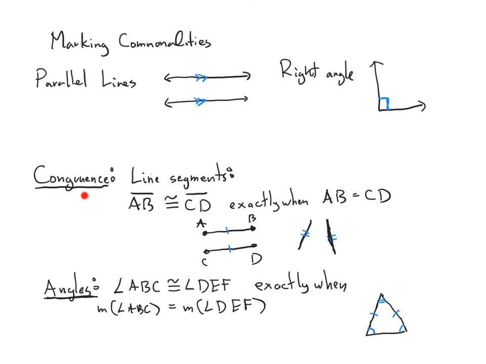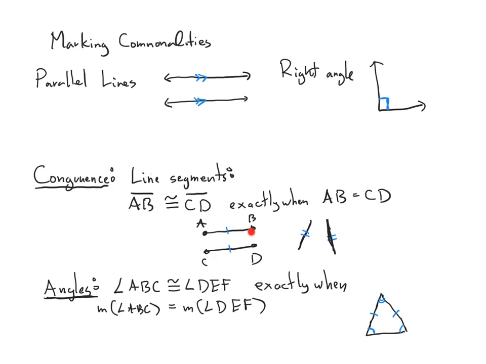Now there's this idea of congruence, and basically congruence you can think of as meaning things have the same measurements. So if two line segments are congruent, say AB and CD, it means that the distance between those points, or the length of the line segment, they equal.